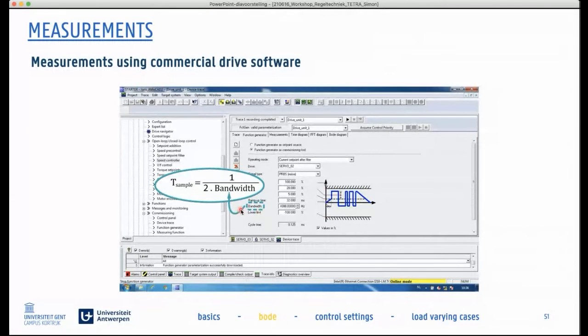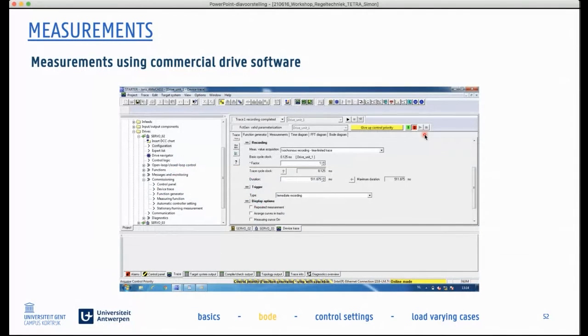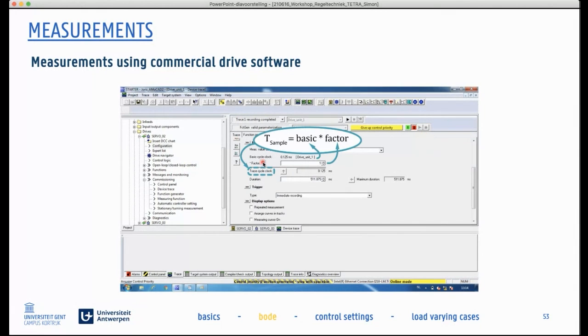Okay, you can also turn the reasoning around. If you have a certain bandwidth, you can define the sample time by dividing: 1 divided by 2 times the bandwidth. Then in that view, you can put in the right sample time by playing with the factor here.